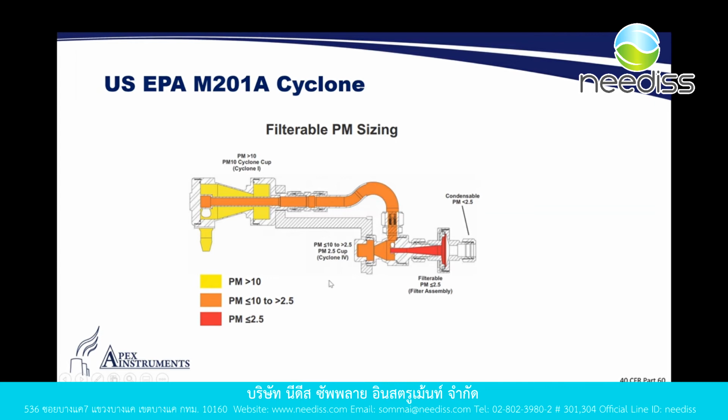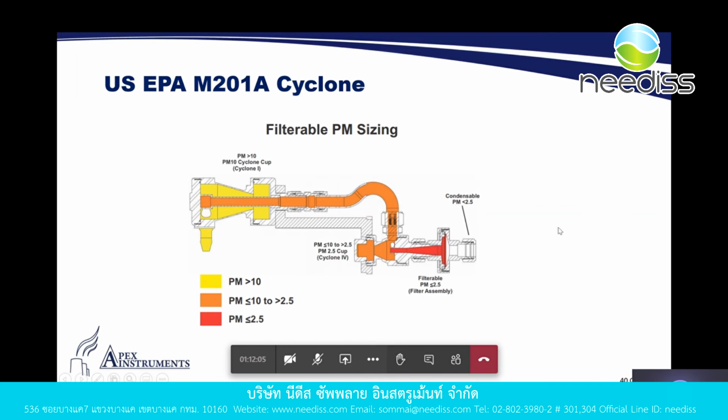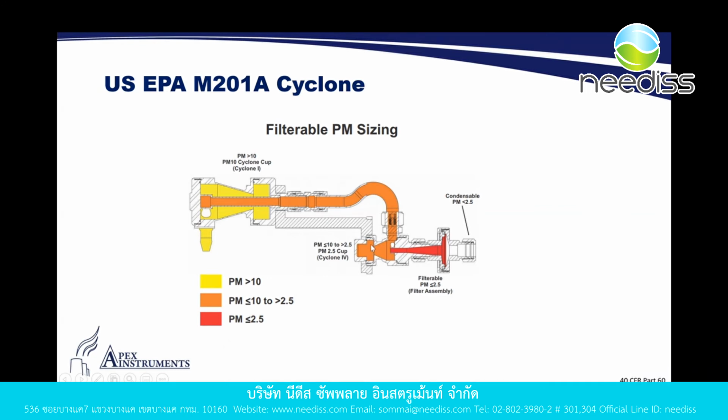It will not be captured by any of this. So when you actually do a method 202, you do it in combination with a front section particulate method, whether it be method 5, maybe method 17 with an in-stack filter, or even method 201A. You would do that in combination with method 202.